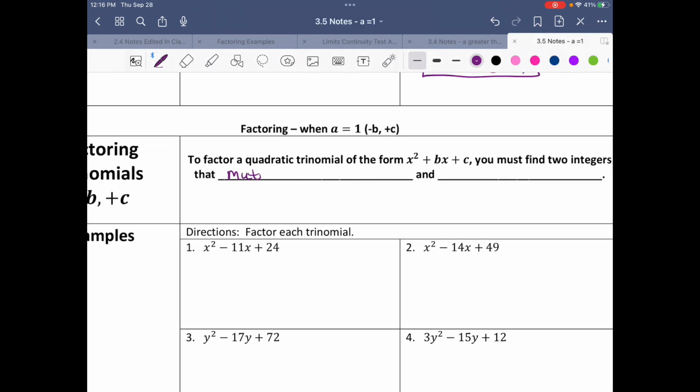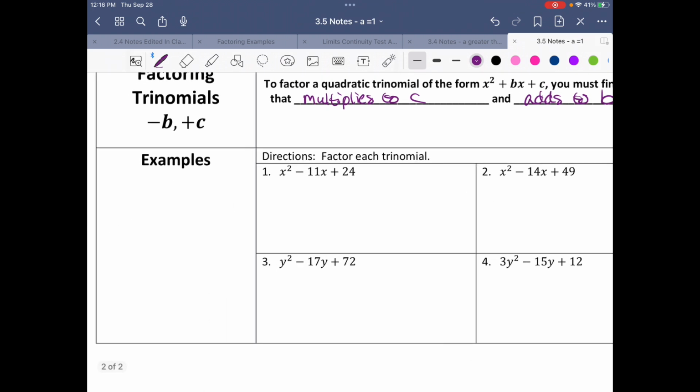And the last type, again, negative b and positive c. Multiplies to c and adds to b. Okay, so to get a positive c but a negative b, both factors negative.